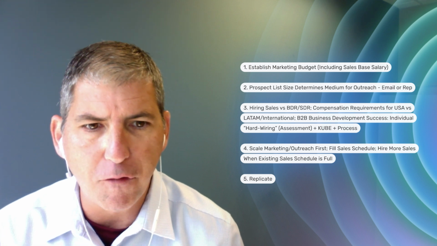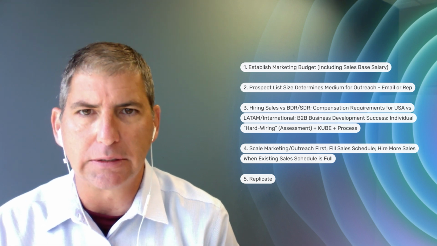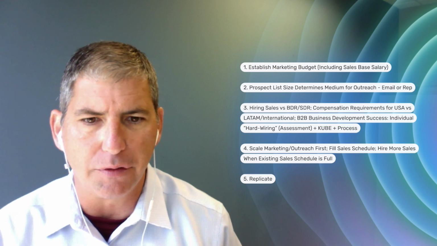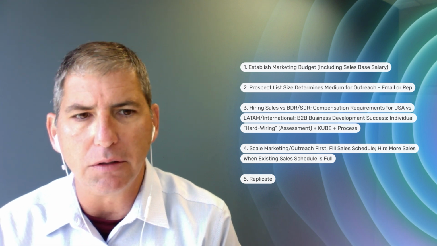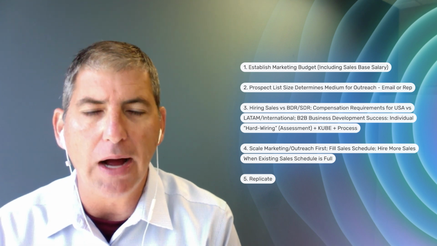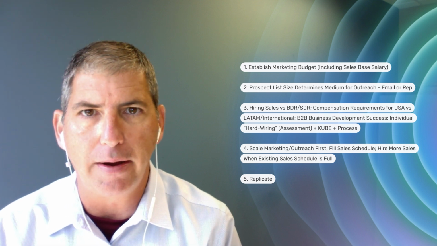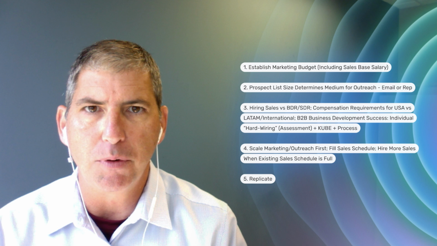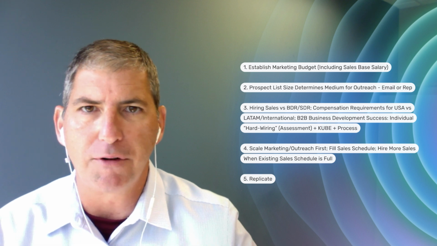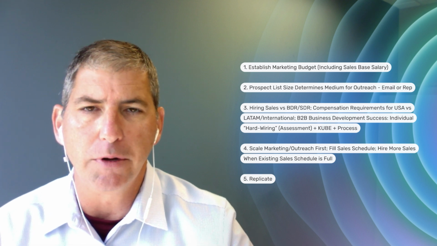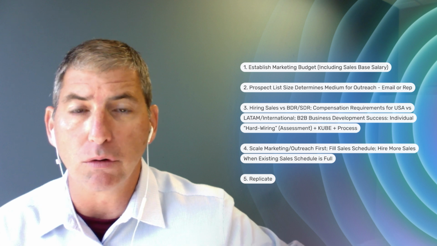All right. For business development success, and I talk about this at length in another video, remember that you're going to need these components, right? You've got to have the right rep. They've got to qualify from an assessment standpoint, a psychometric assessment. If they don't qualify on traits for business development, they're not worth hiring. They're not even worth looking at, right?